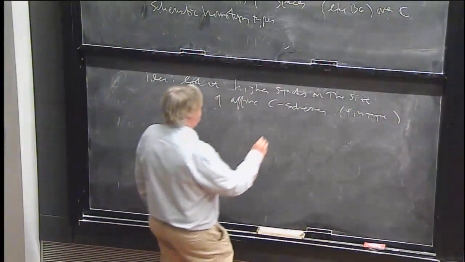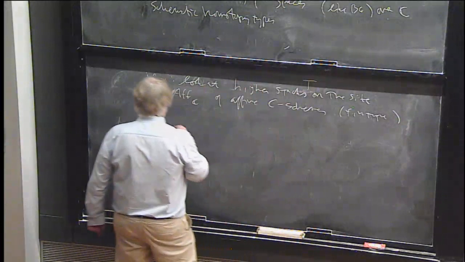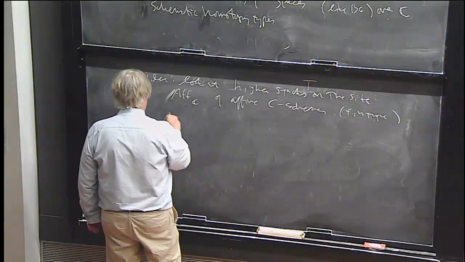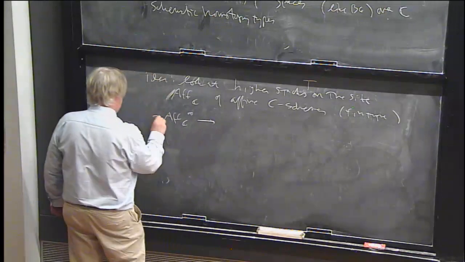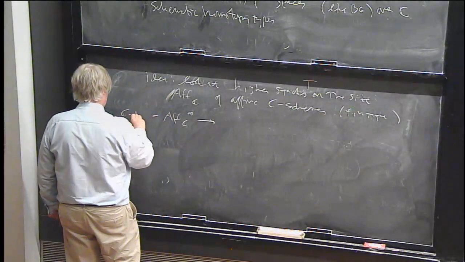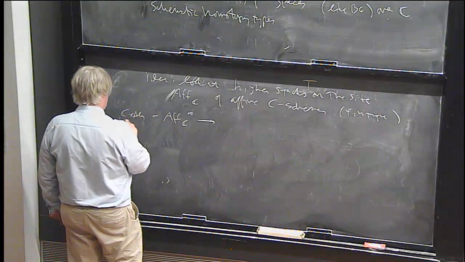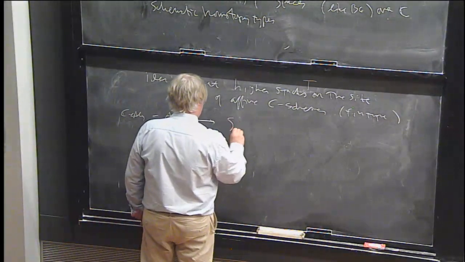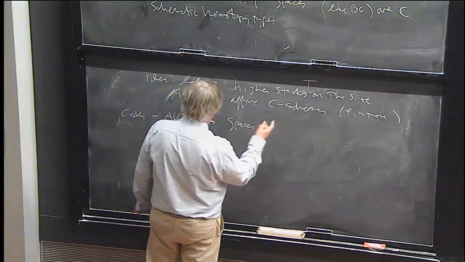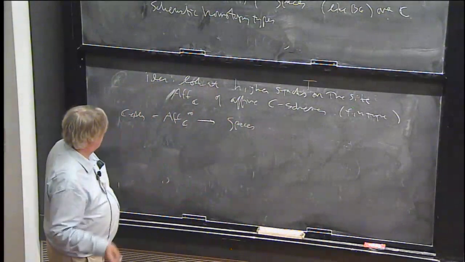So we'll just call such a stack T. So basically it's just a presheaf of spaces. F C op is just C alg, commutative C algebras. We just look at functors into spaces, roughly speaking. Then there's some kind of descent condition and so on.